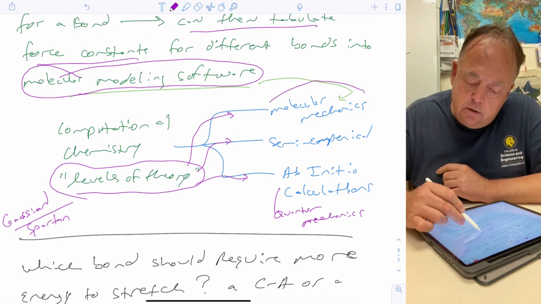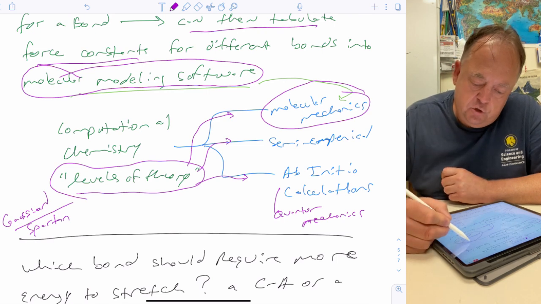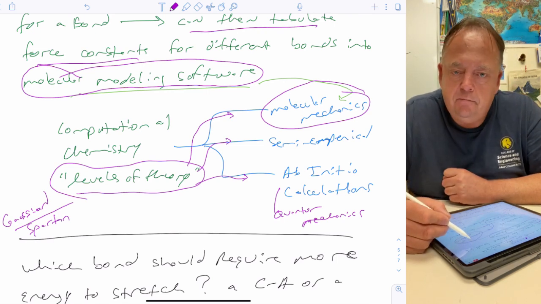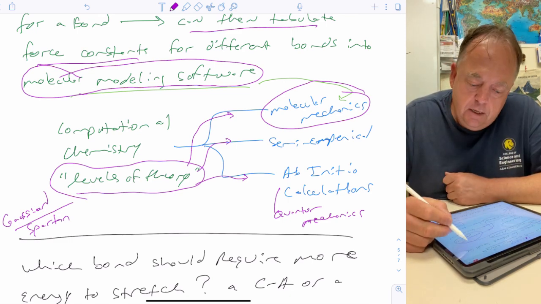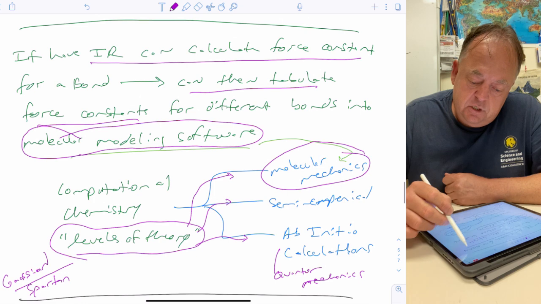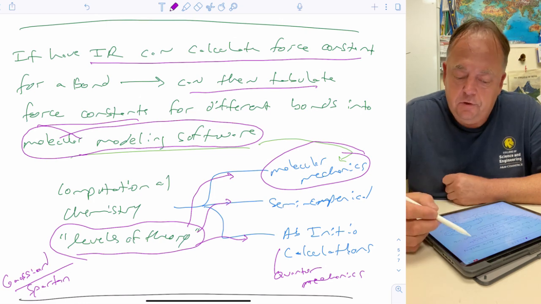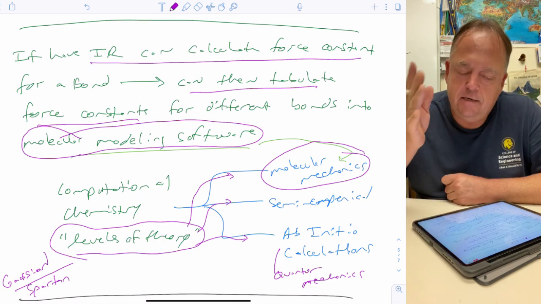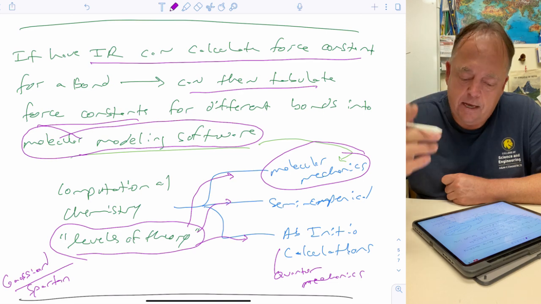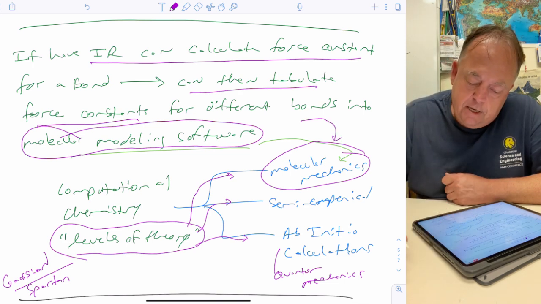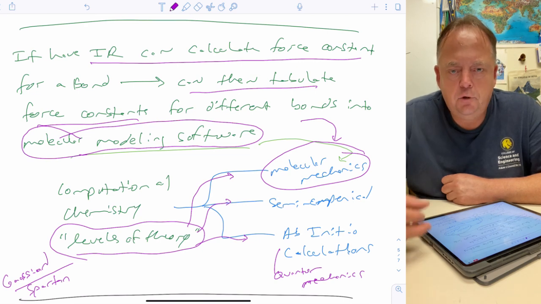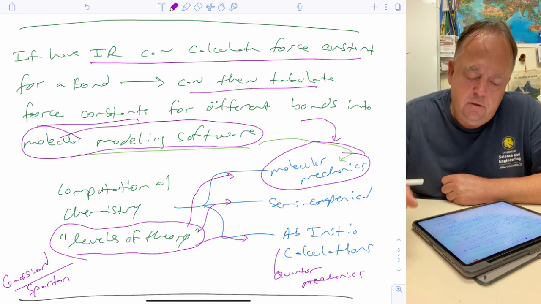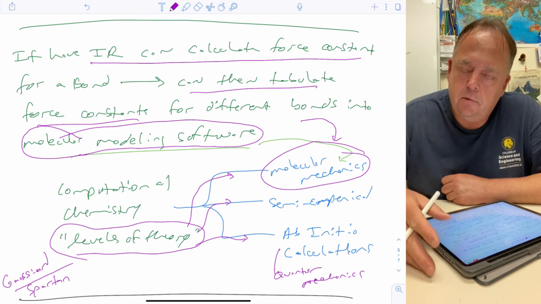Molecular mechanics, however, is basically treating atoms like spheres and bonds like springs, so it's using some components of Hooke's law. If you did IR spectroscopy for different molecules and figured out where bonds are and figured out force constants from that, then you can put that into software to do molecular mechanics on new molecules using force constants for similar molecules.